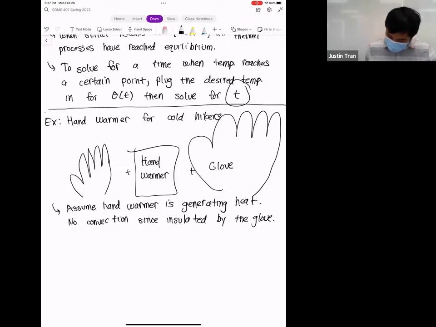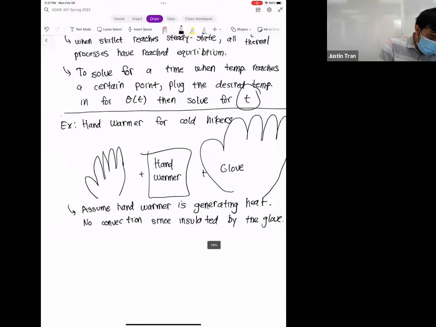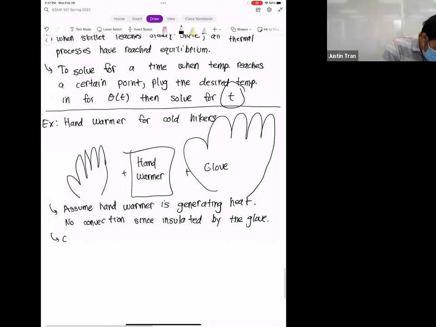Okay. And so what we're interested in, we're interested in computing the time evolution of temperature for the hand warmer itself, so for the device.